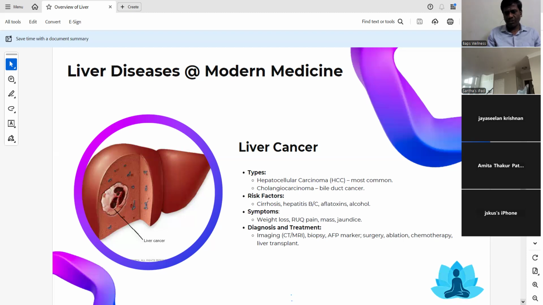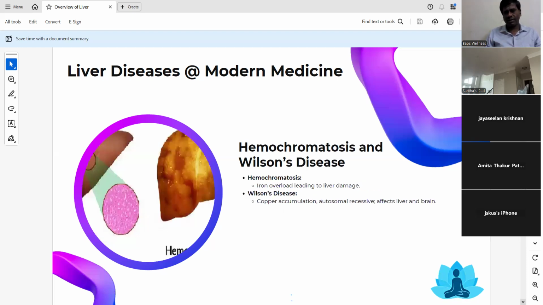Biopsy is the one through which they confirm whether it is cancer or not.